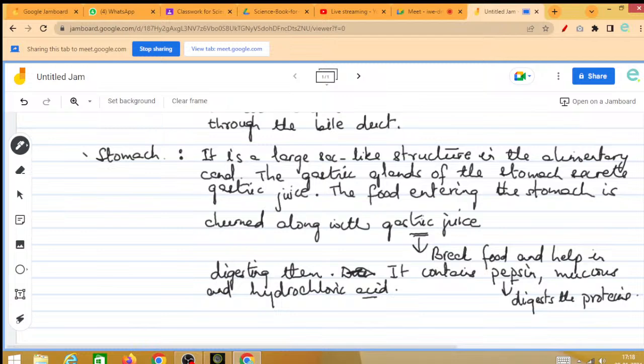Then mucus mixes it, so it makes the food semi-solid or slurry. Yes, ma'am. This is slowly pushed to the small intestine. Very good, to the small intestine.